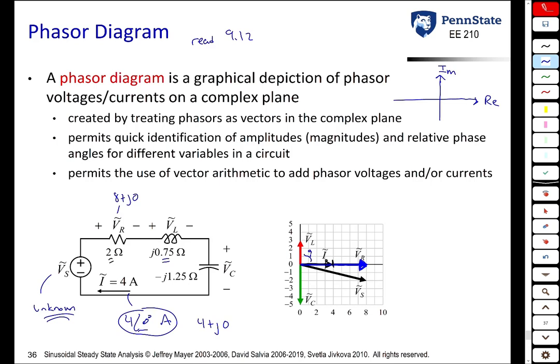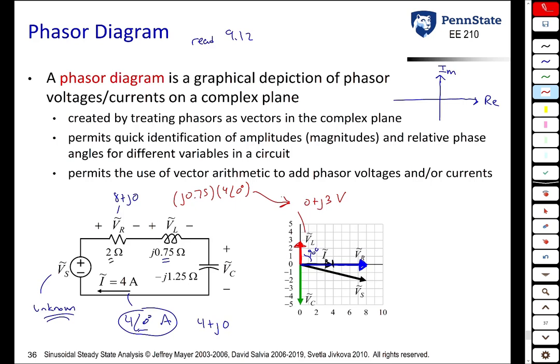Here's our 90 degrees here. And so we see that the voltage across the inductor is 0 plus J3 volts. And we get that also by taking J times 0.75 and multiplying it by 4 at an angle of 0 degrees.